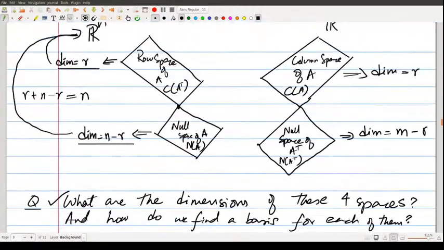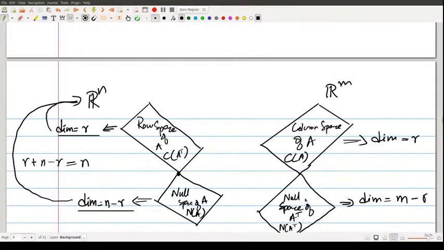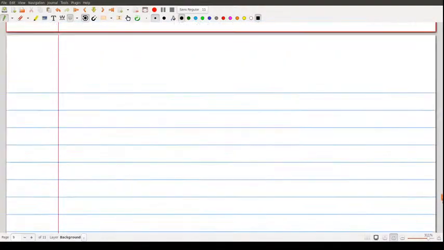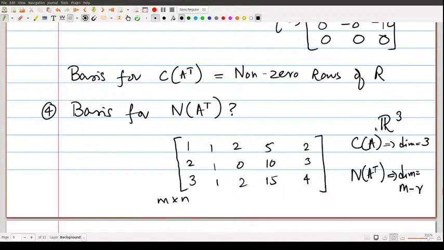In that picture, we saw that the column space of A and the null space of A transpose are in the same space Rm, and if the dimension of the column space is R, the dimension of the null space is m minus R, where m was the dimension of the space that you are working in. So they were in R3, the dimension was 3 over here, so R is equal to 3, which means 3 minus 3 in this case gives me 0, which means the null space of A transpose.